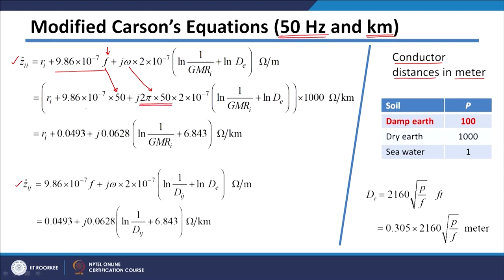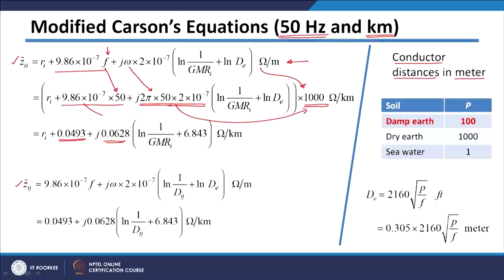Now, we multiply this term by 1000, because this formula was in ohms per meter, and if you want to convert into ohms per kilometer, we need to multiply it by 1000. So, this term here multiplied by 1000 will give this term here, and this term here multiplied by 1000 will give this term here.